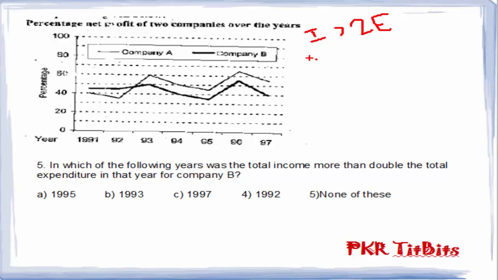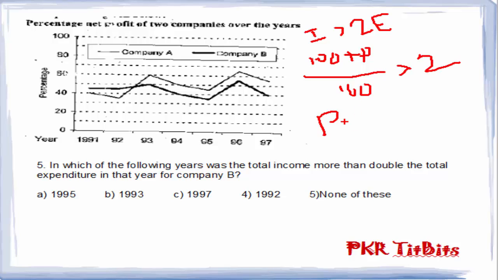From the formula, 100 plus profit percentage by 100 should be greater than 2, which we can directly write as profit should be greater than 100. From the graph, none of the years has profit beyond 100%, so we can directly give the answer as none of these.